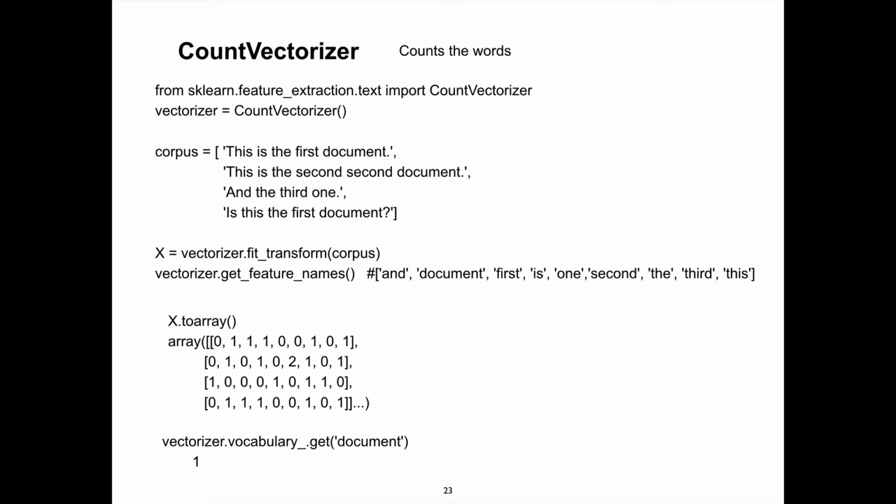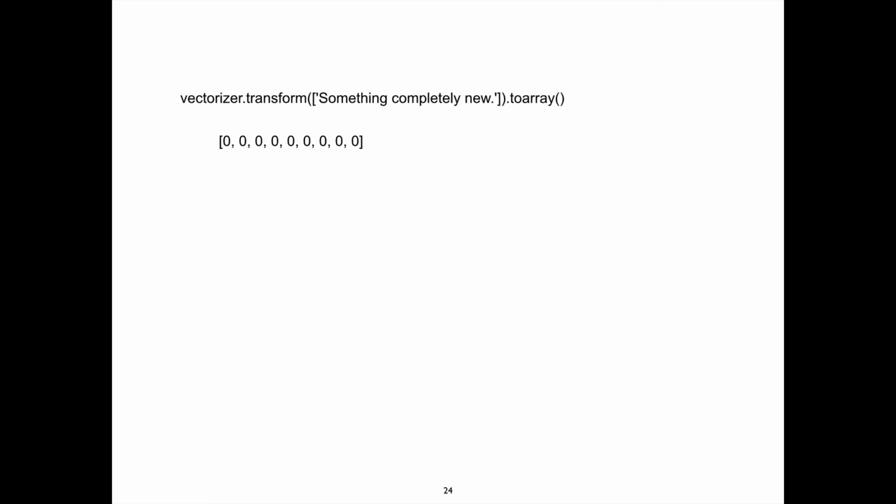And given a word, we can do things like tell me its number. I could have just taken this whole thing and used get vocabulary to tell me what it transformed into, the actual words. And then we can start doing things like take a new document and vectorize it for us.